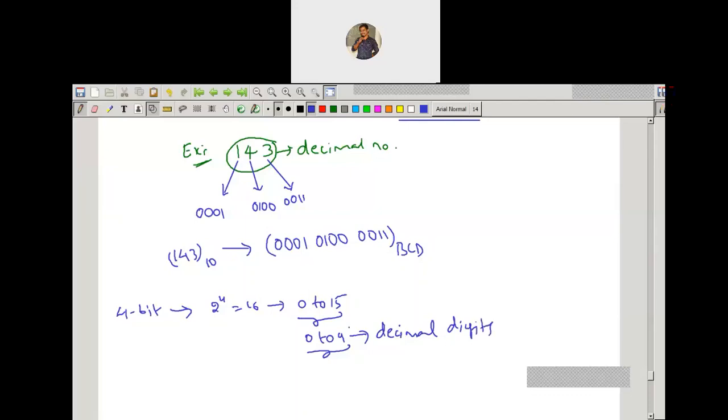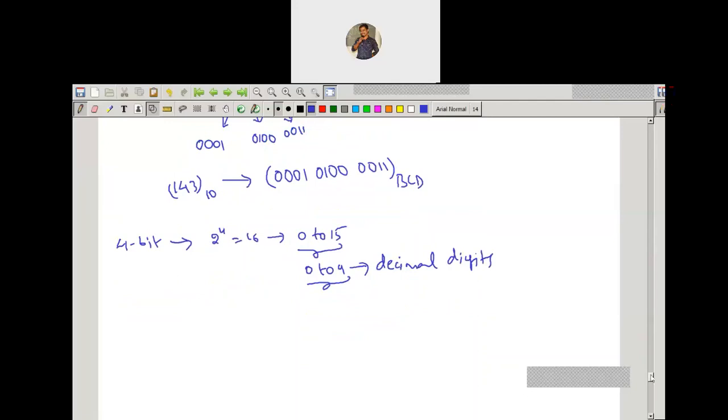The remaining 10, 11, 12, 13, 14, 15, that is the remaining 6, are not valid decimal digits. And the positional weights are like binary only, that is 8421. Positional weights are 8421. So that is about the BCD code.